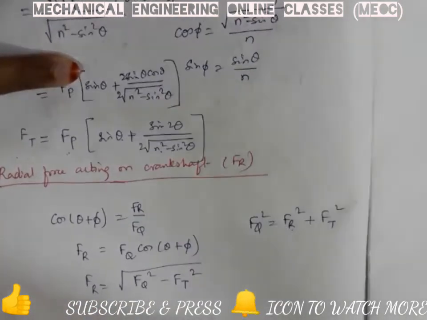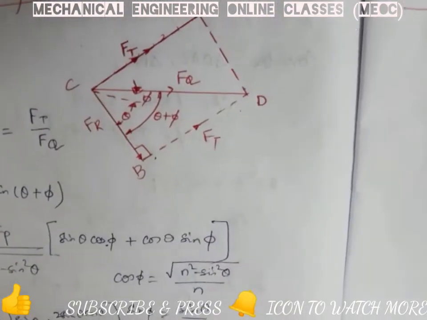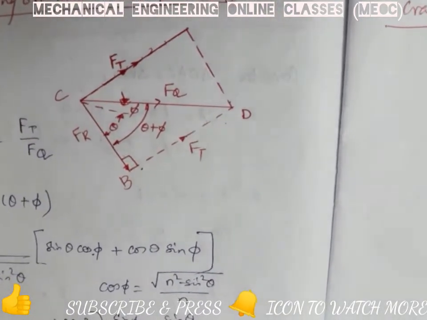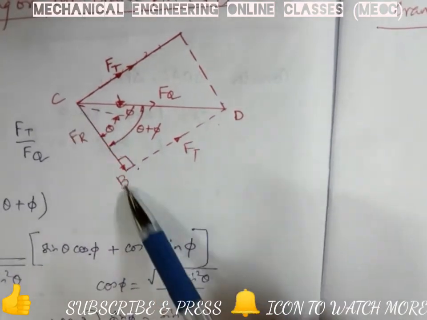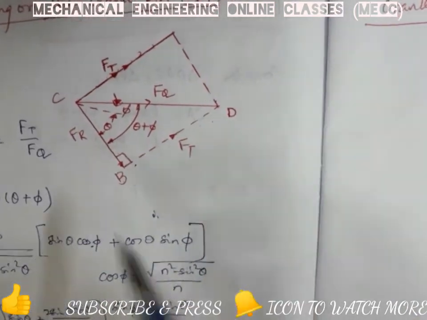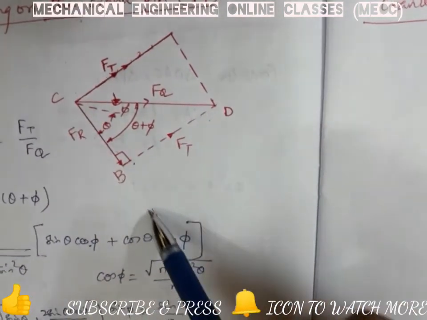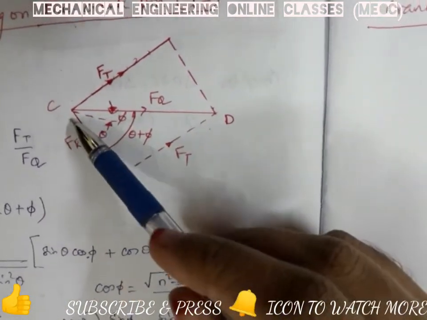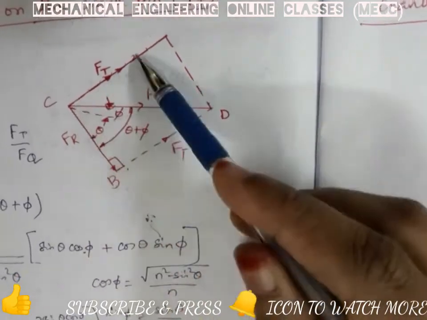We can find the torque or turning moment acting on the crankshaft from the same. Crankshaft is along CB, crank is here, the shaft will be somewhere here. So Fr is passing through the crankshaft, so the moment or torque by Fr will be 0. But there is another force Ft.